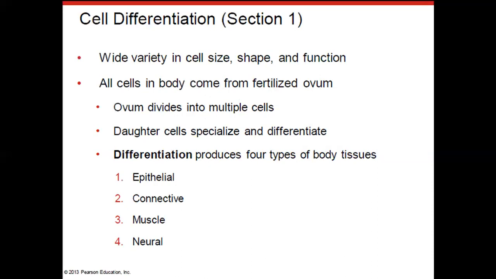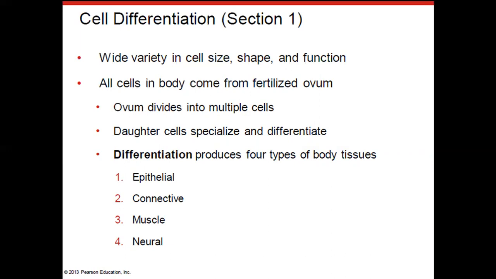So those cells that once came from a fertilized ovum differentiate, they change and specialize into 4 types of cells that are a part of 4 types of tissue. So if you are made of thousands and thousands of cells, each cell that has a specialized function is part of a tissue, and you have one of 4 types of tissues in your body.